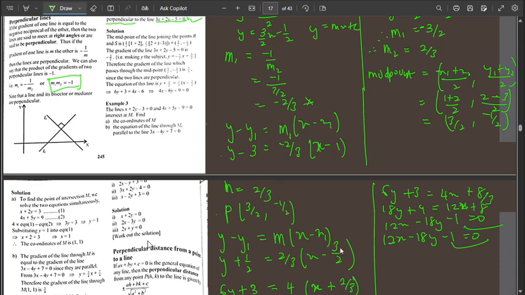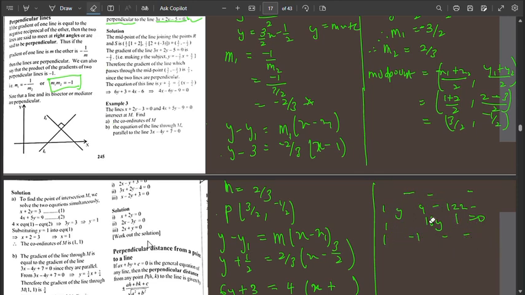And that will change here too, and I think that will change everything here too. So let's clean all this. That's 3 over 2.